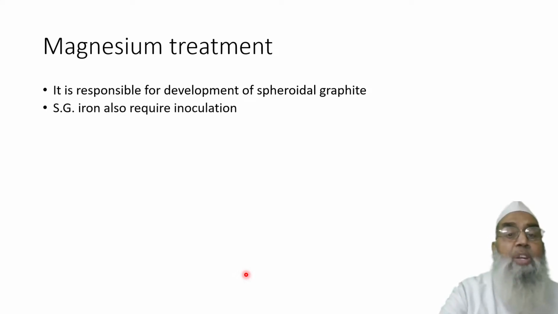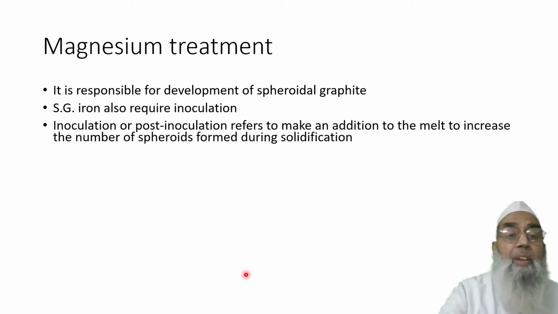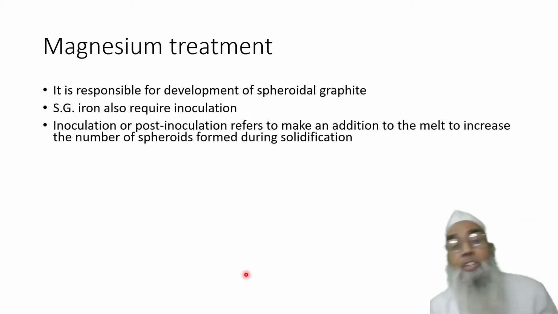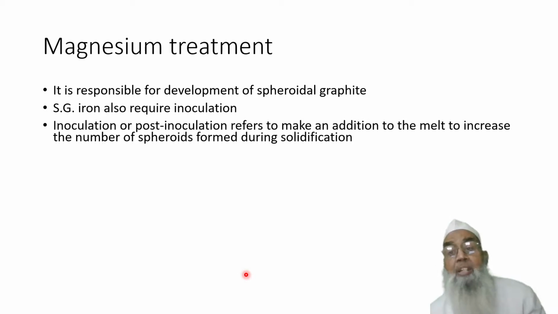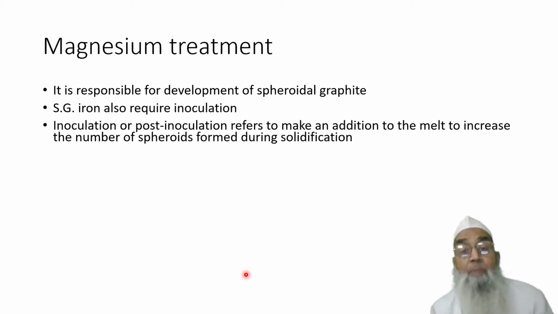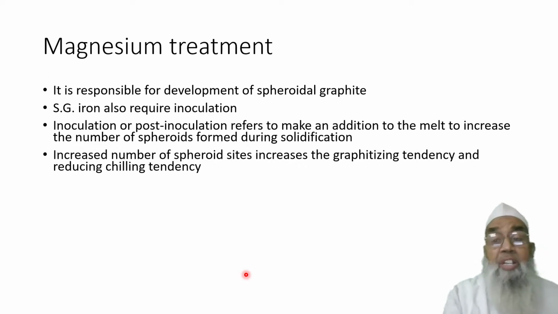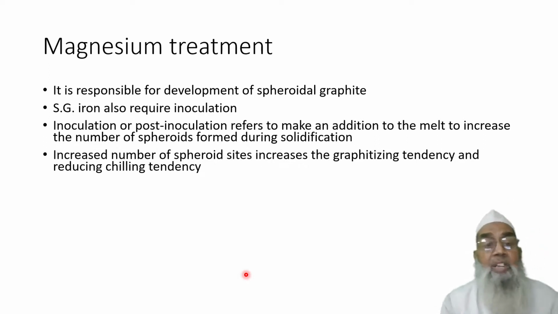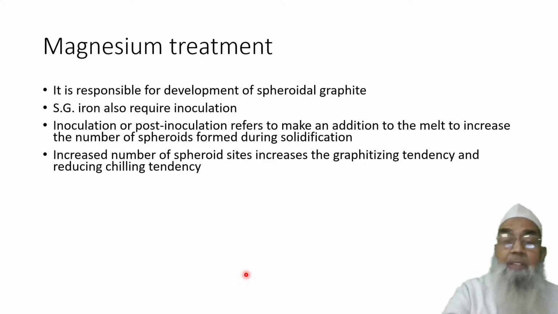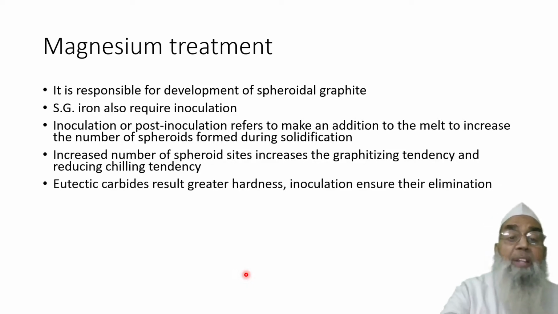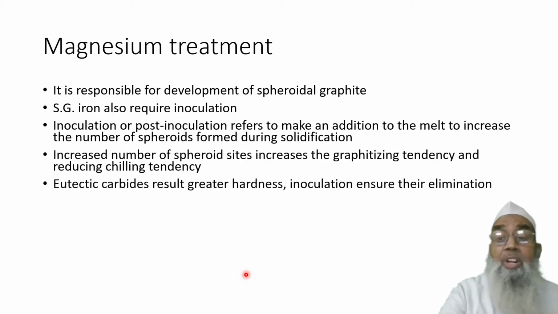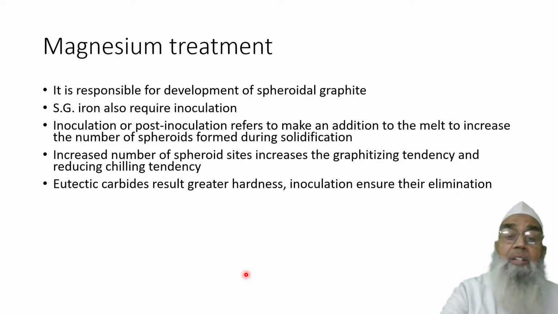SG iron also requires inoculation. Inoculation or post-inoculation refers to making an addition to the melt to increase the number of graphite nuclei formed during solidification. Now, an increased number of graphite sites increases the graphitizing tendency and reduces chilling tendency. Carbide results in greater hardness. Inoculation ensures its elimination.